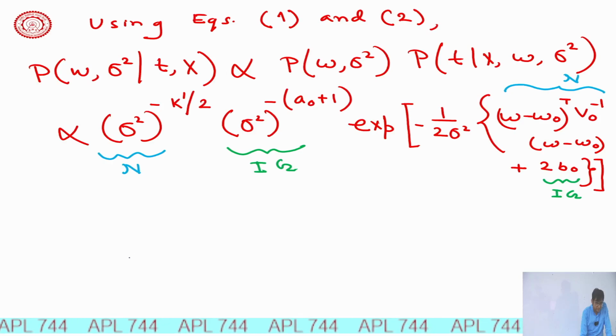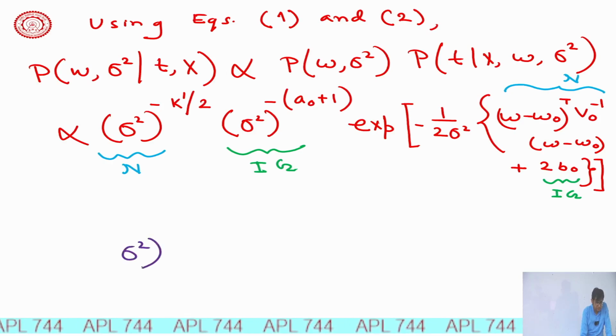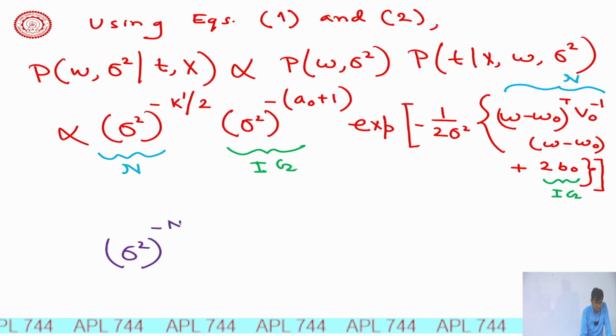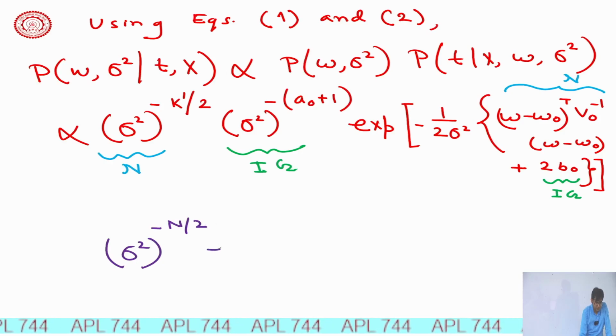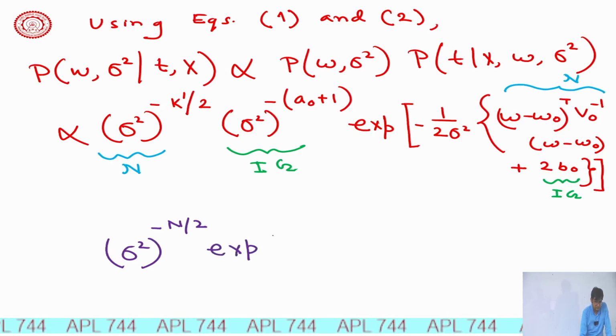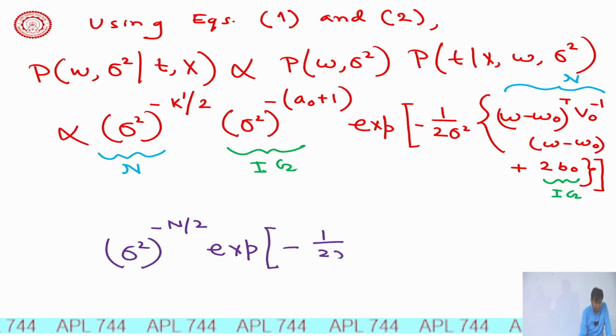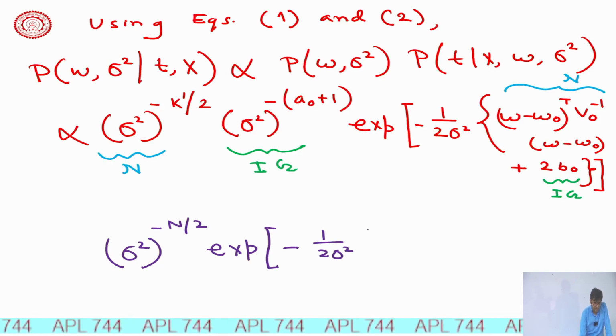The likelihood is sigma square to the power minus n by 2 exponential of minus 1 by 2 sigma square, and then what do I have?